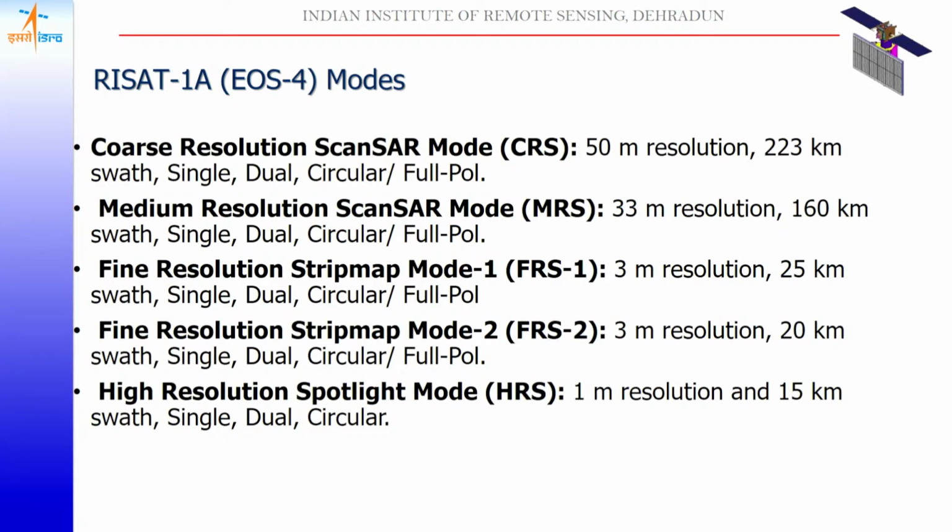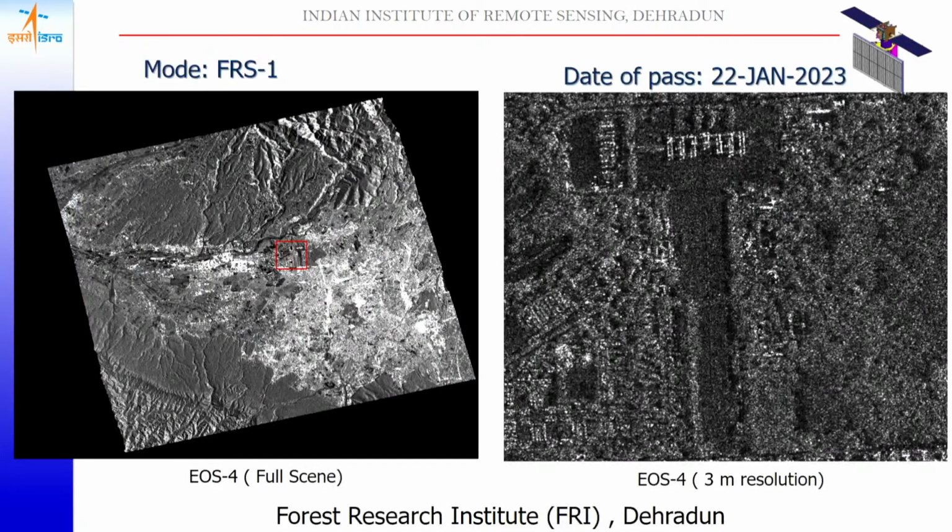We have either the RH or RV configuration, which is called the hybrid polarimetry configuration. That helps us reduce the PRF requirements and the data volume. So we have both options, hybrid and full pol, in the case of the EOS-4 or RESET-1A mission.